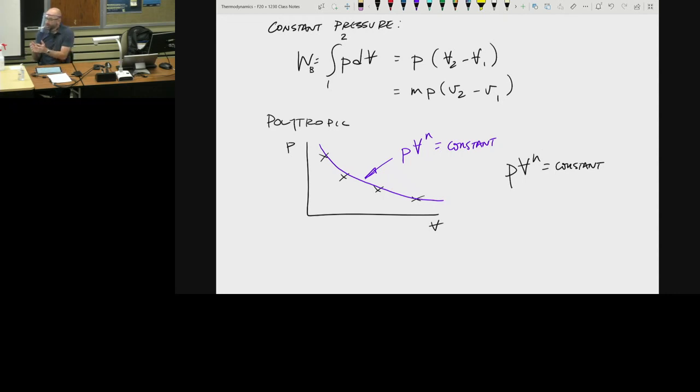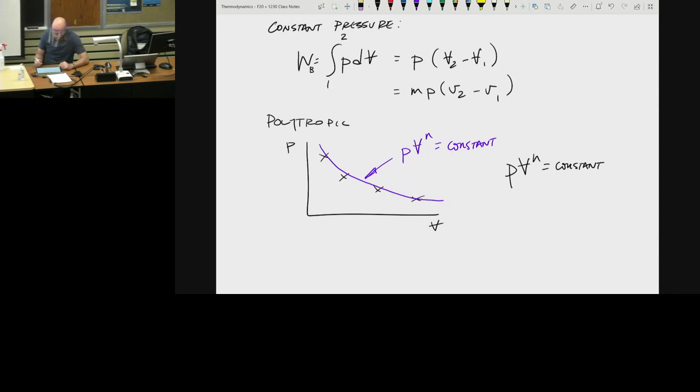If it doesn't give you some hint that it's polytropic, and hint's probably too weak of a word, it will be very direct that it's polytropic. You're going to assume it's constant pressure. Don't make the problem harder by making it polytropic when it's not. Polytropic isn't hard, but I think constant pressure is much easier.